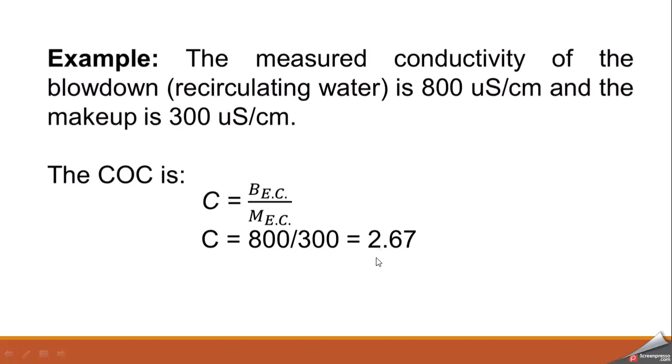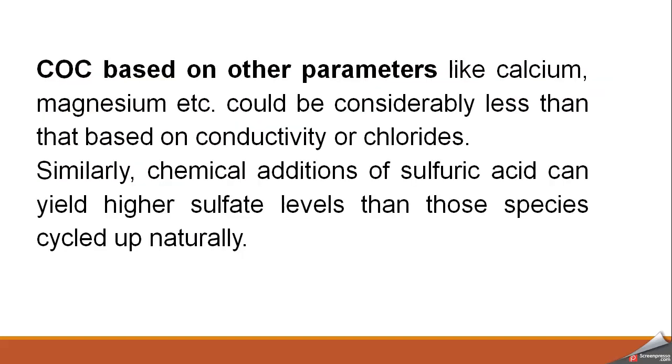So by dividing we get 2.67. So basically in this typical example, the cooling tower is operating at a cycle of concentration of 2.67 or approximately 3. So this has COC of 2.67 or 3.